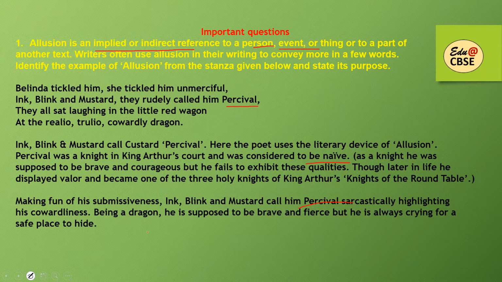So dragon जो है वो brave और fierce होना चाहिए, लेकिन Custard जो है वो हमेशा एक safe place ढूंढता रहता था. So that is why उसका मजाक उड़ाते हैं और Percival उसे कहते हैं, and therefore Percival जो है वो एक reference है जो पुराने टेक्स्ट से लिया गया है. किंग आर्थर का वो एक नाइट था. सो therefore this is allusion.